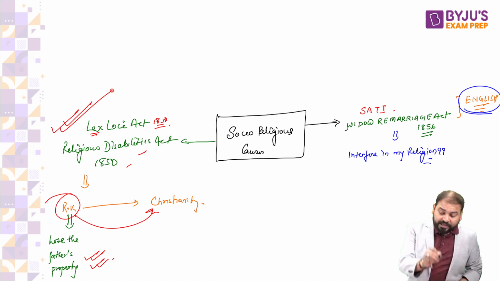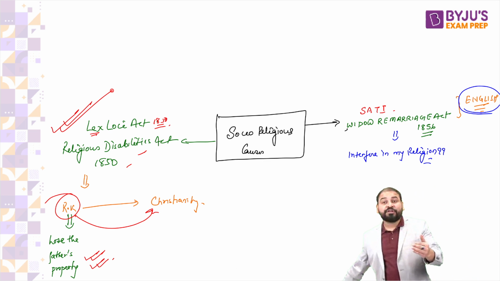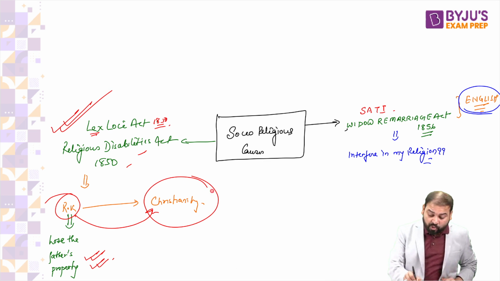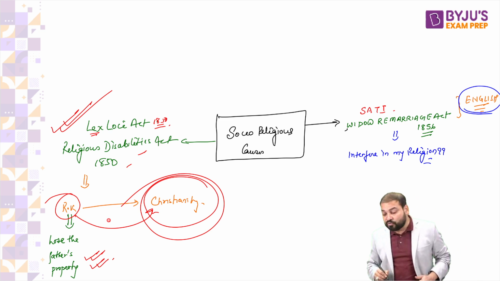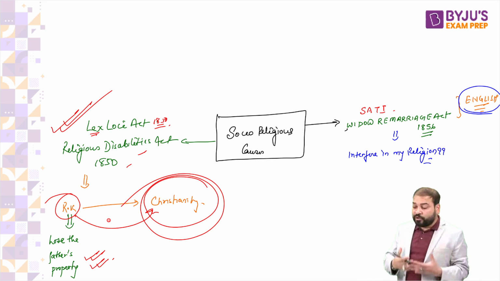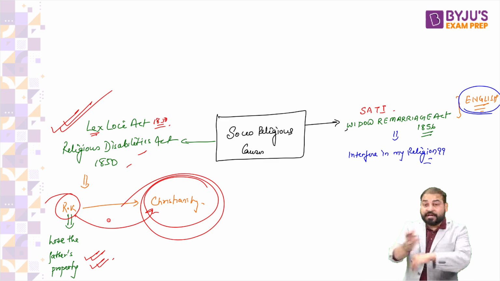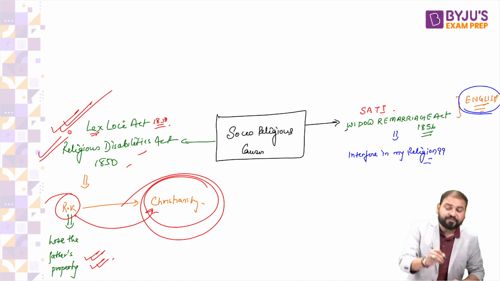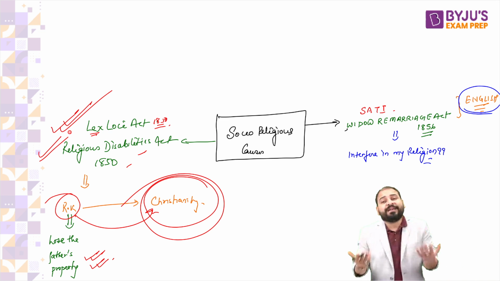This clearly showed that the Britishers wanted more and more Indians to convert to Christianity. They were bringing such laws to facilitate it.